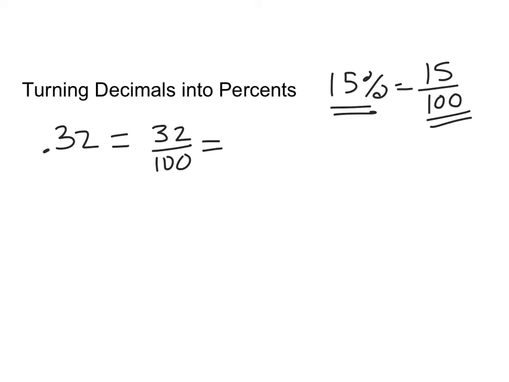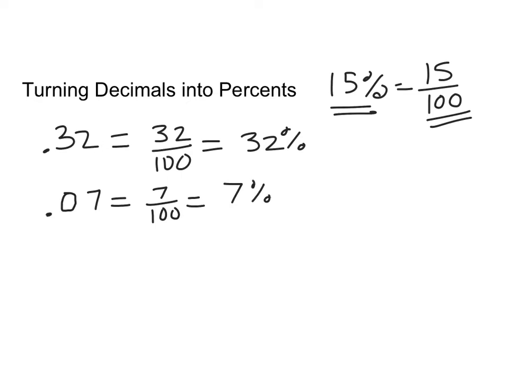So we could just rewrite that as 32%. That was convenient. Let's see if it's always that easy. You're looking for patterns here. Let's try 0.07. Well, that's also 7 hundredths. And so that would become 7%.